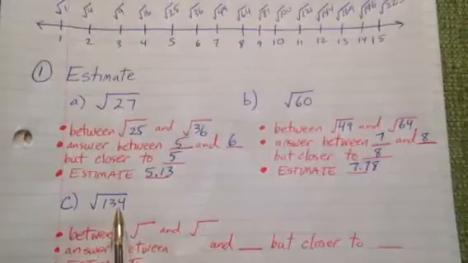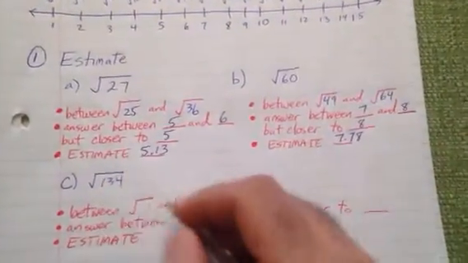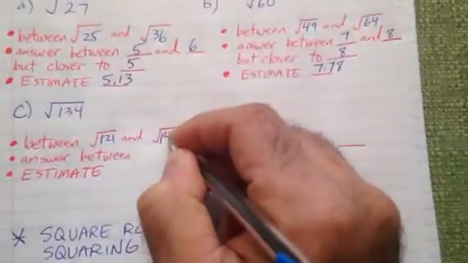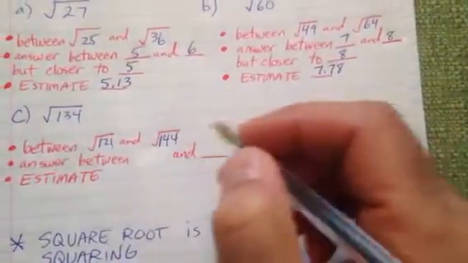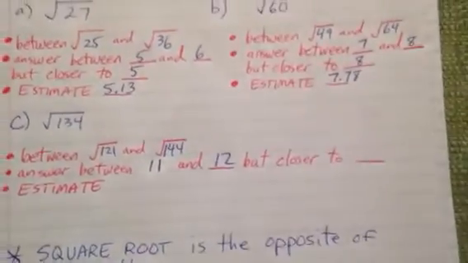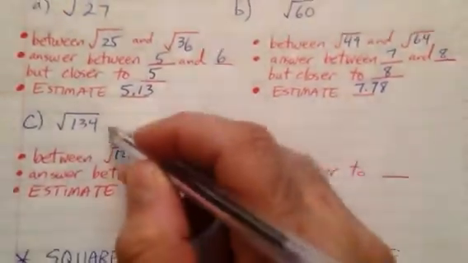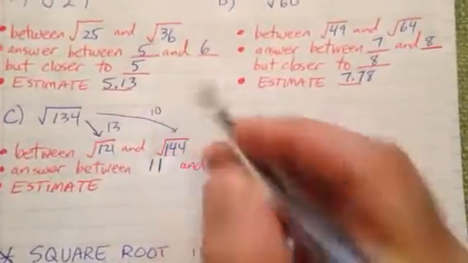Finally, the square root of 134, we know that 134 is between the square root of 121 and 144. So we know that the answer is between 11 and 12, but let's see which one it is closer to. From 121, it's 13 away. From 144, it's only 10 away.